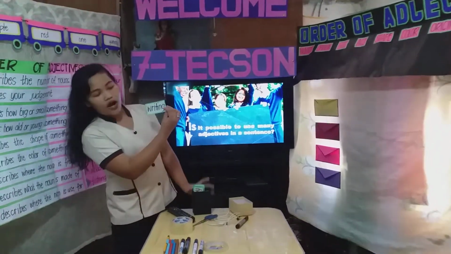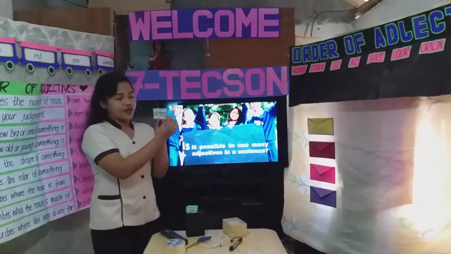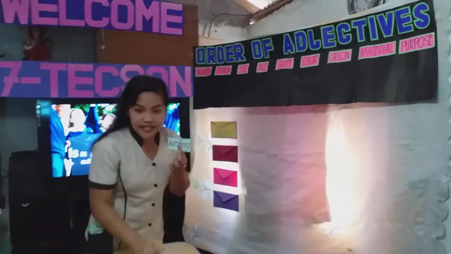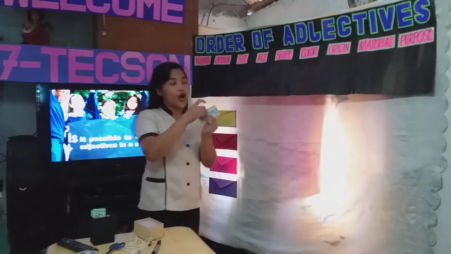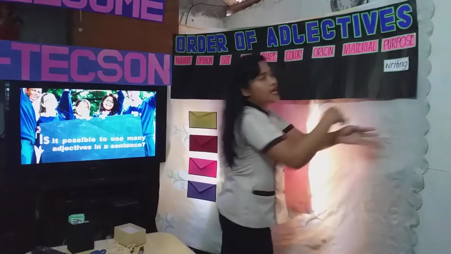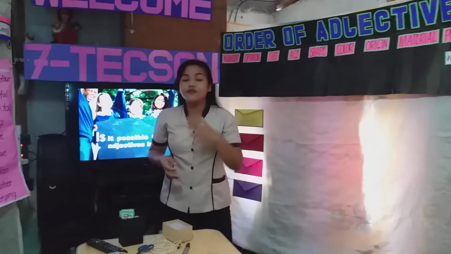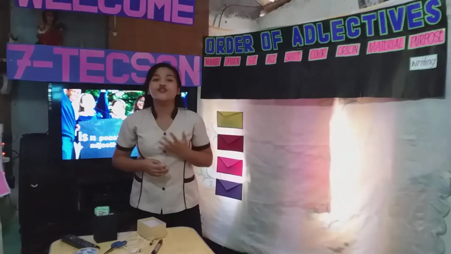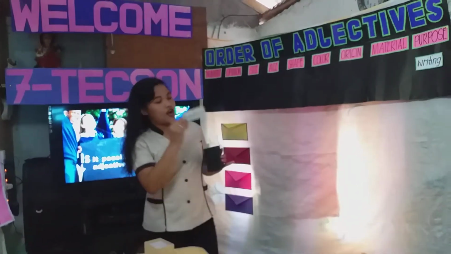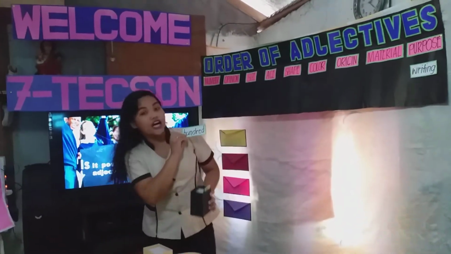Okay, so this one, how do you read this one? Writing. Very good. So writing, and what type of adjective is this? Yes, very good. Writing is a purpose. Again, when you say purpose, it describes what the noun is used for. Very good. Next, this one is 100.